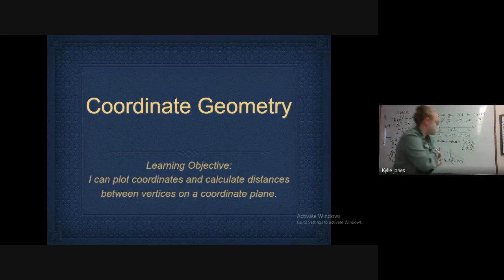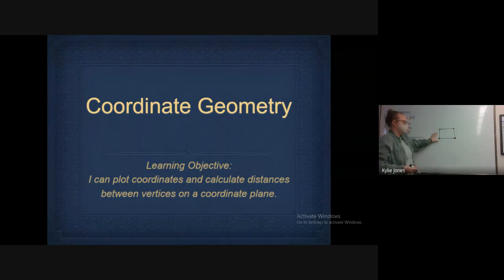If we're talking about a square or a rectangle, where is the vertex on here? What is a vertex on a square or a rectangle? The corners. Okay, so a vertex is the corners.